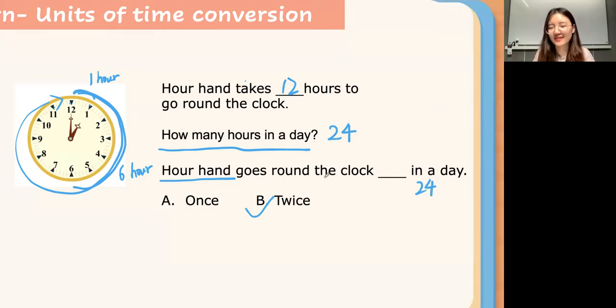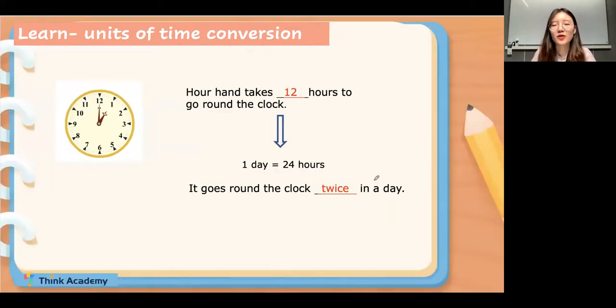And for it to travel the clock once, it will be 12 hours. So for 24 hours, it needs to go around the clock twice. So it will be B, right? Okay, very well done. Then we have known that 1 day equals 24 hours, and the hour hand goes around the clock twice in a day. Let's move on.